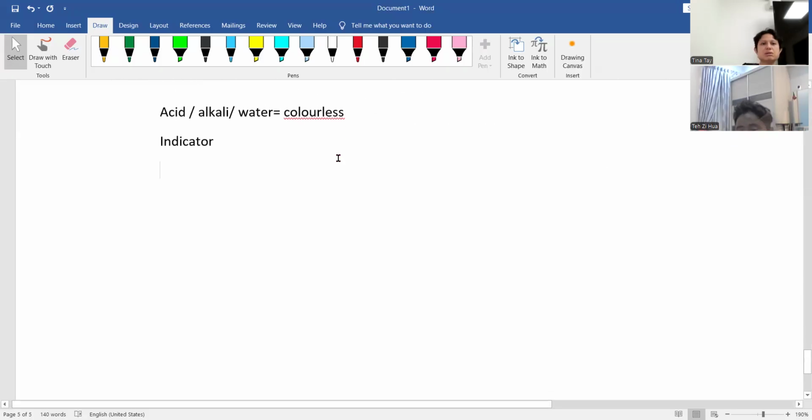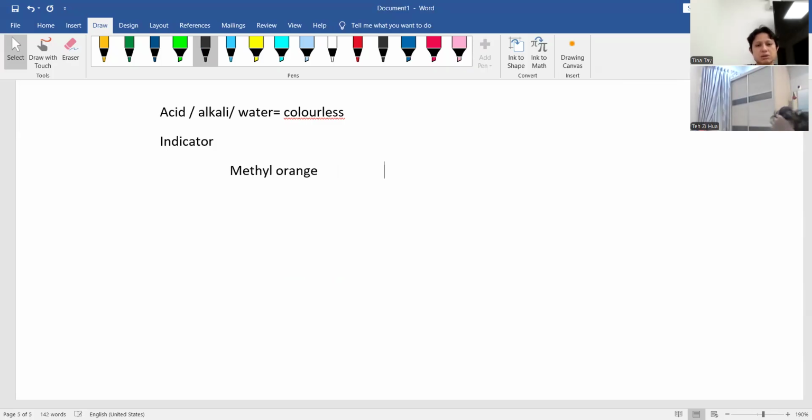So there are three very important indicators you need to learn. pH indicators: methyl orange, and then thymolphthalein, and one more is litmus.